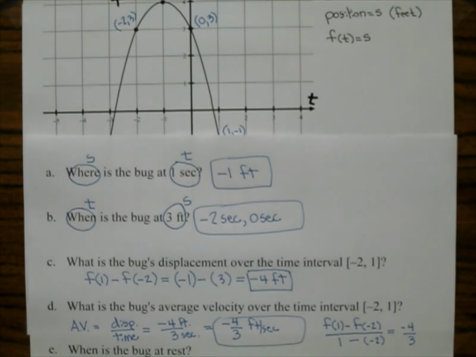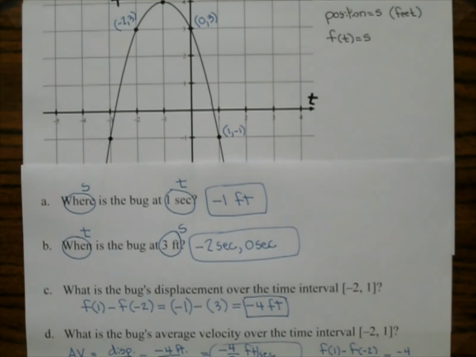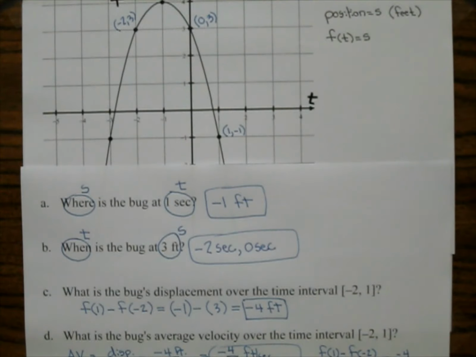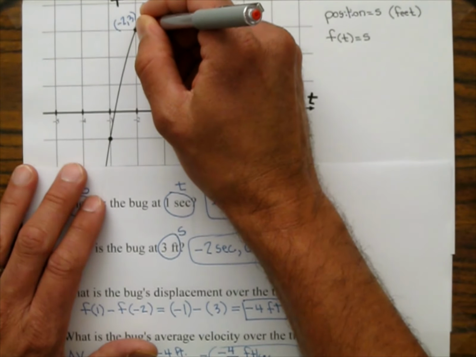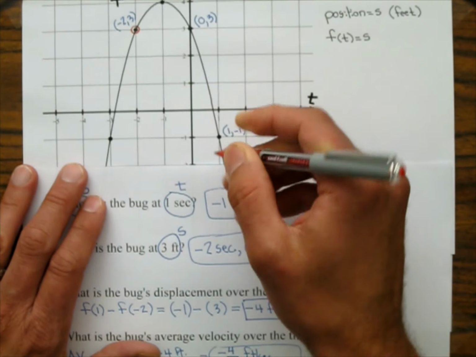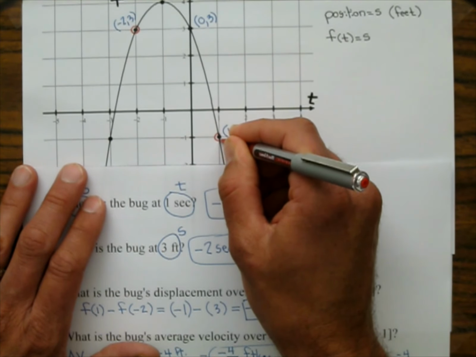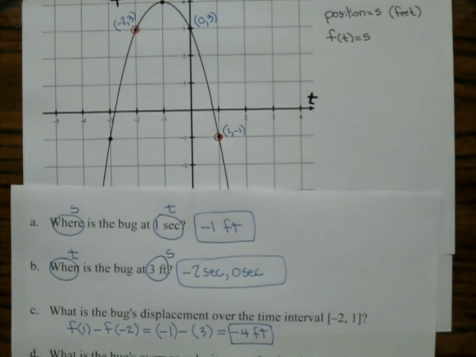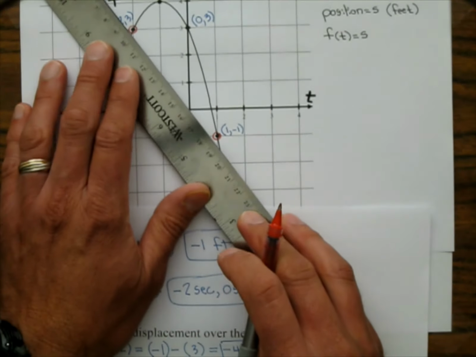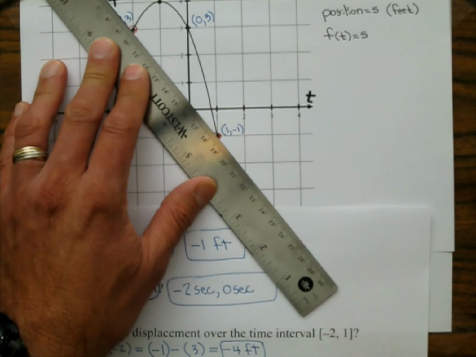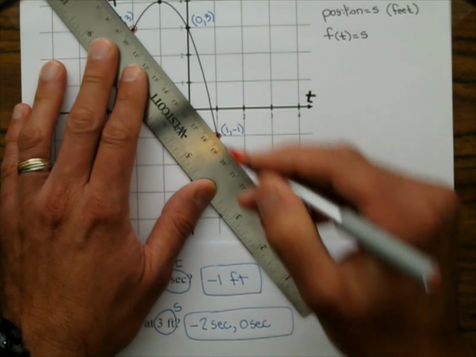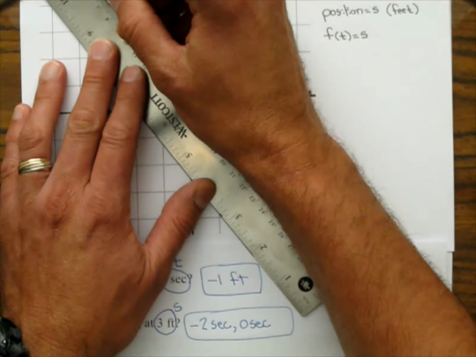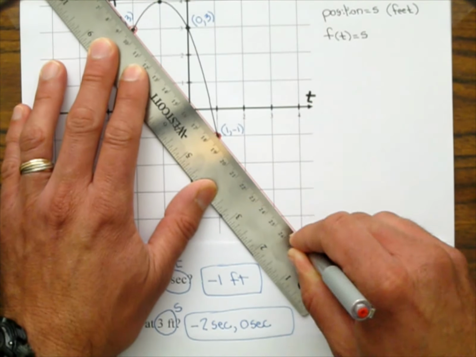So let's take a look at this right here. Our time interval was from negative 2 to 1, so the points that we're looking at were these points right here. And you can actually draw the secant line on that one, and it looks like that.